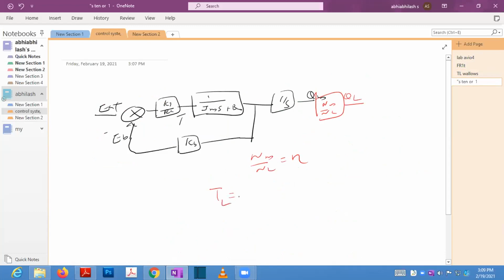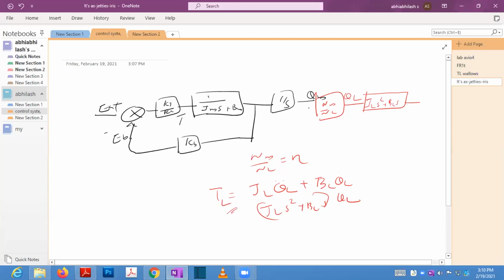The torque equation remains same. TL is equal to JL theta L double dot plus BL theta L dot. So that is JL S square plus BL S into theta L, and this theta L is coming here. This is TL, and this TL is coming back to the motor side through Nm by Nl.